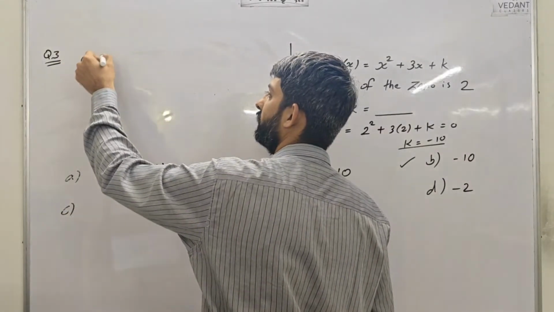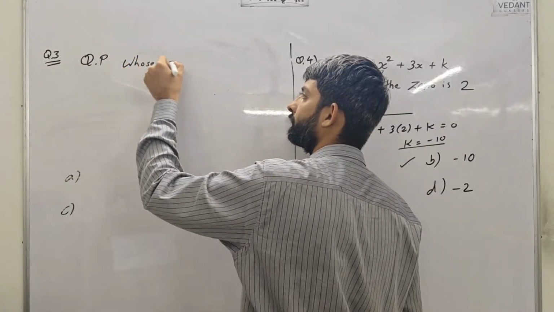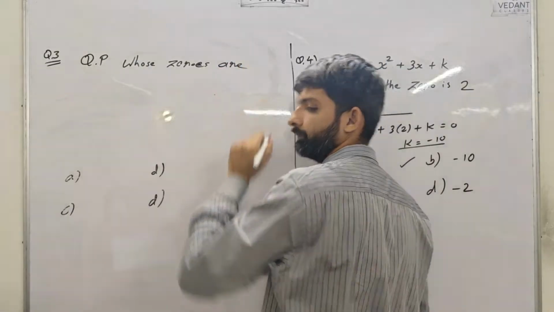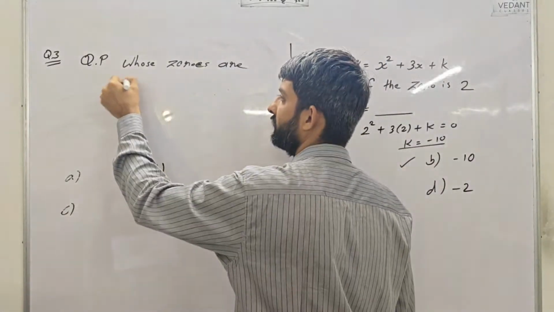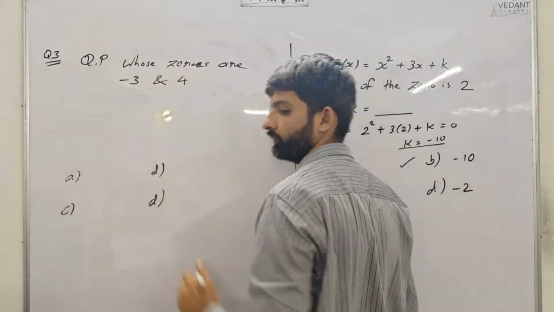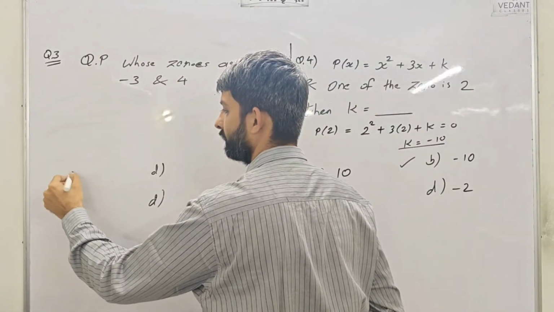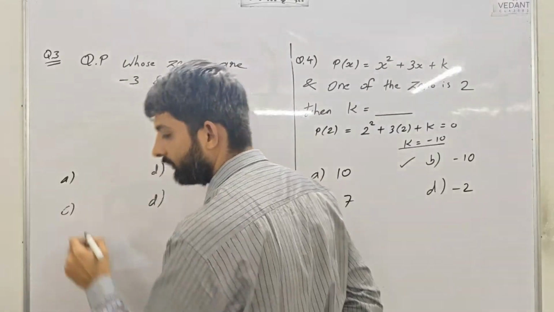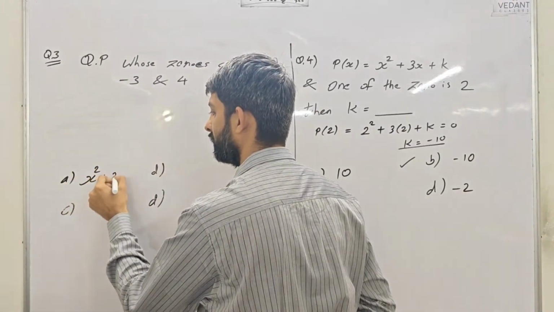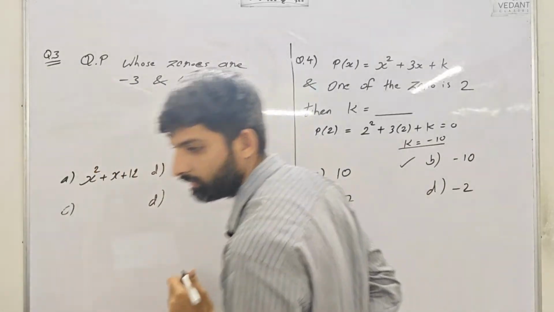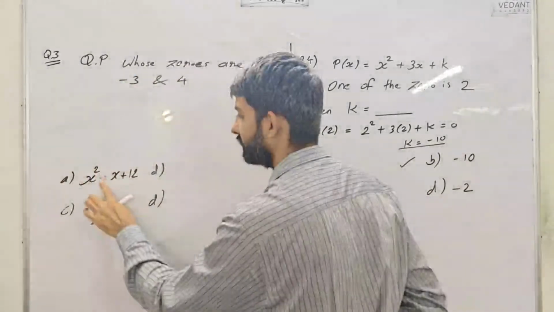A quadratic polynomial whose zeros are minus 3 and 4. Which is the quadratic polynomial whose zeros are these? Option A is given, x square plus x plus 12. Option B is, sorry, here it is minus.